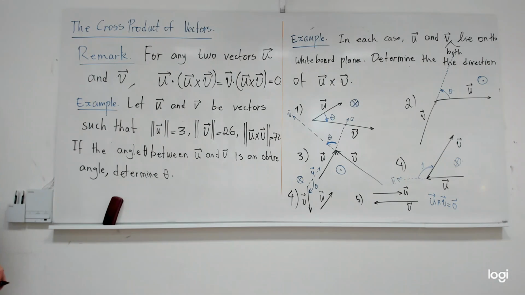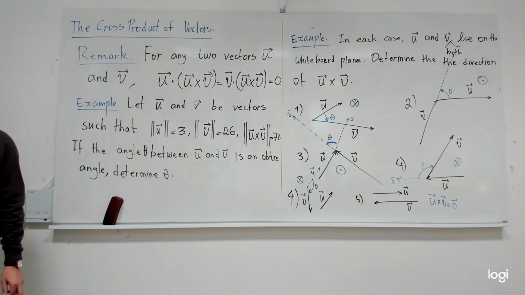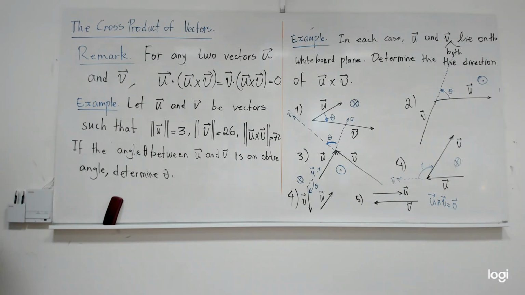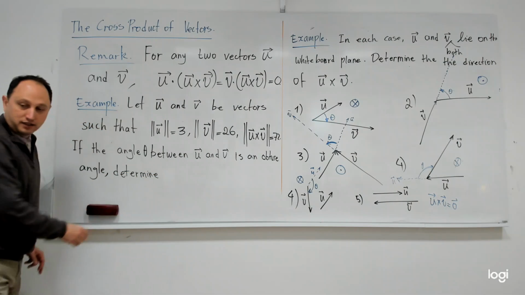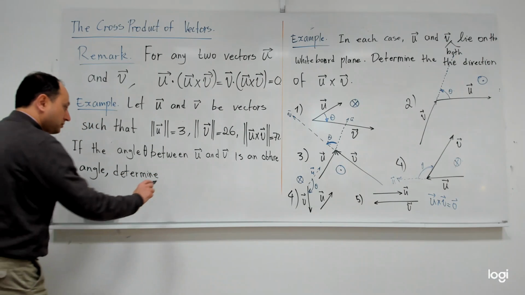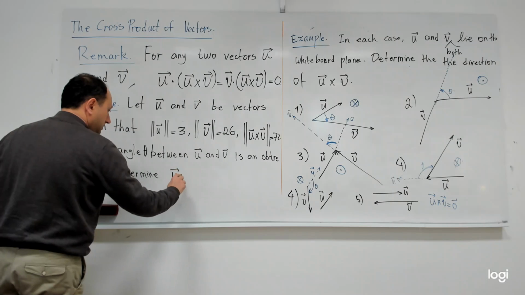Obtuse, is that when it's bigger than... Between bigger than 90 and smaller than 180. Okay. Yes. Alright. So I shouldn't say determine theta. I should say determine u dot v.